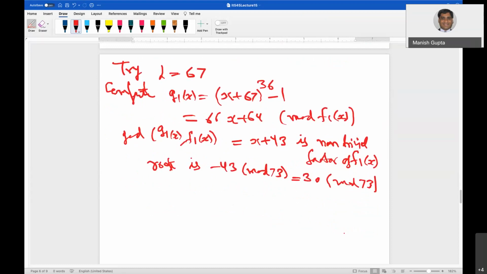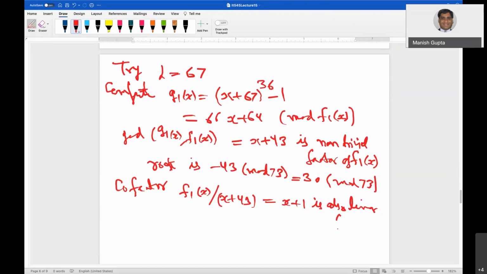Now, we found one factor, which is x plus 43. So I divide the whole polynomial. What will be the cofactor here? Cofactor will be f1 of x divided by x plus 43, and this turns out to be x plus 1, which is also a linear factor.